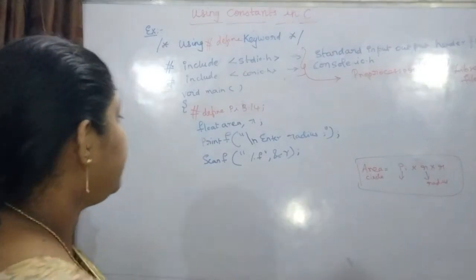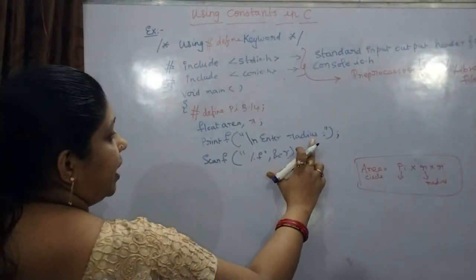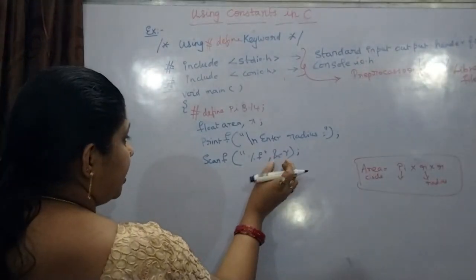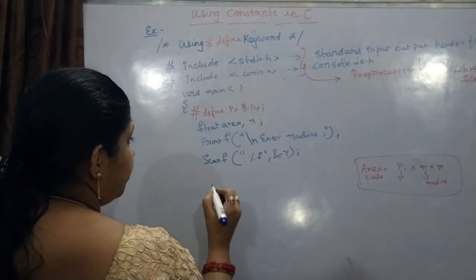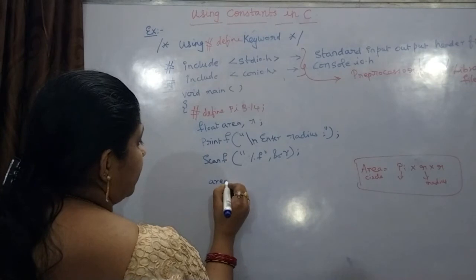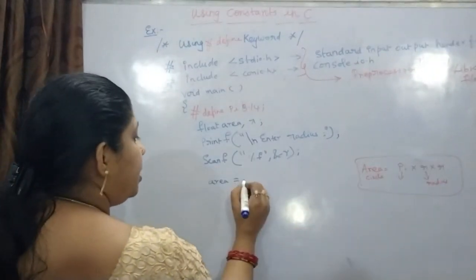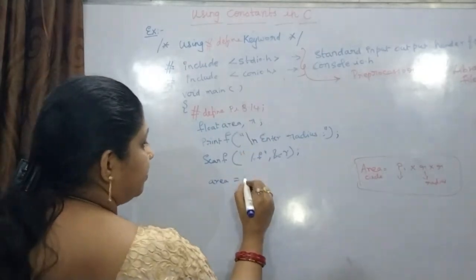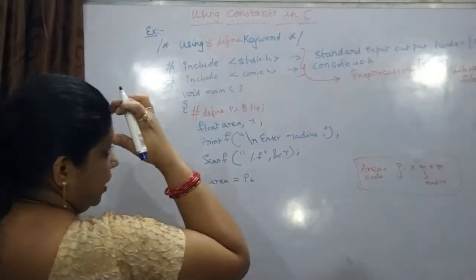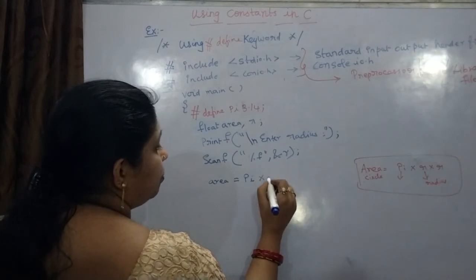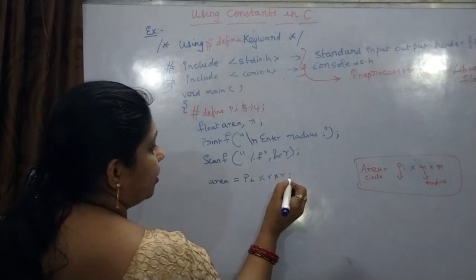Okay. Now, what's happening here? We have entered the radius. This is taking that particular value. Now, what do you have to do? Area equal to, you have to write this formula, equal to pi into r into r.